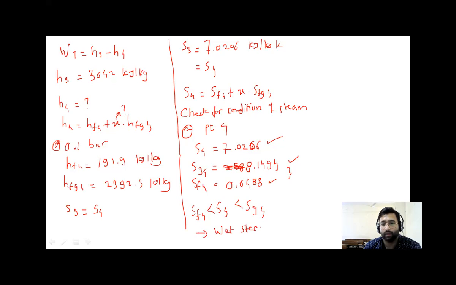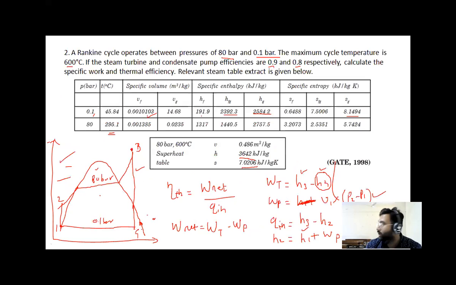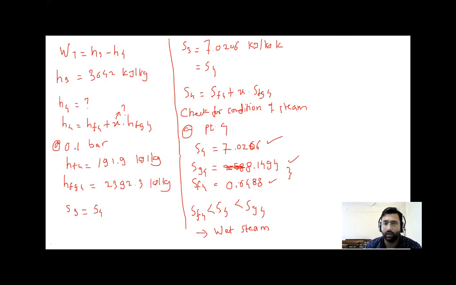At this point, we will come to know the condition of steam. If the entropy given is greater than SG value, it will be superheated steam. If entropy is less than SF, that will be liquid water. If entropy is in between SF and SG, that means it is a wet steam.